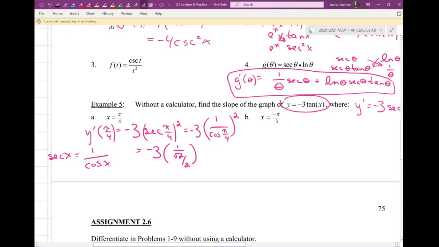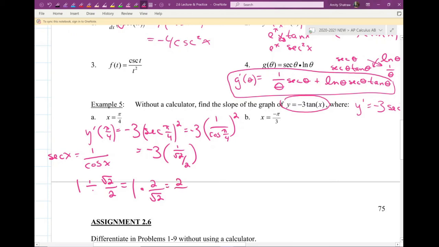I've practiced this so many times. I want to make it look nice though. 1 divided by the square root of 2 over 2 looks like this. 1 times 2 over the square root of 2. What are we doing?